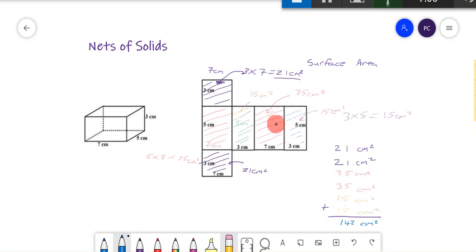So this here is what's known as the total surface area. It's the surface area of this entire solid. Okay, so that's nets of solids, and this is what's known as calculating the total surface area.